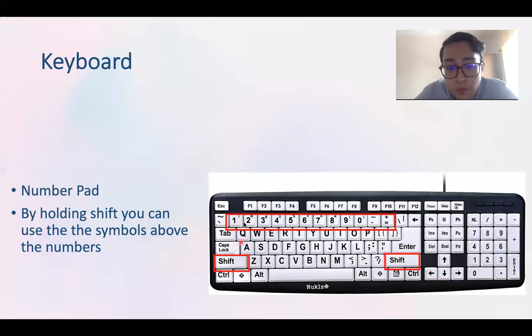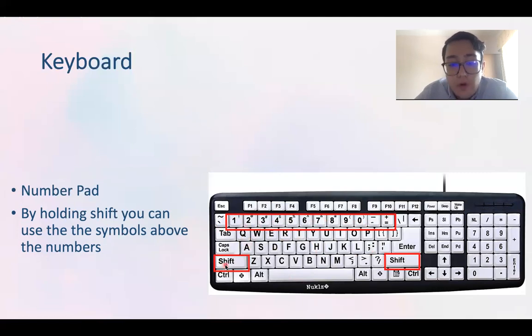So if you want to use any sign up here like at, hashtag, percentage, plus, or any other sign that you can see here, you have to press the shift key and then press the key that you want to get the symbol that you want.